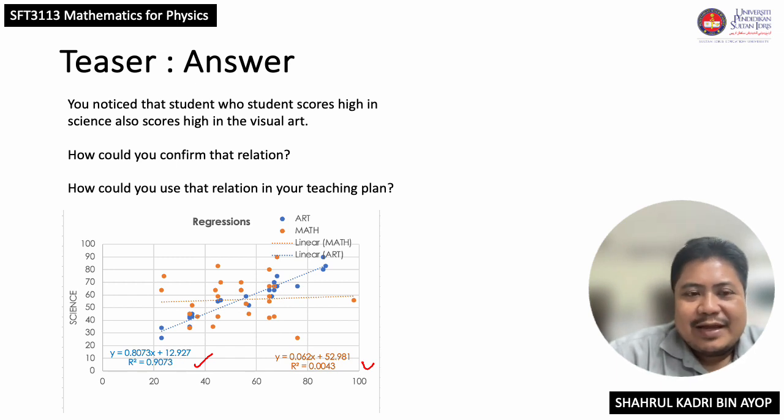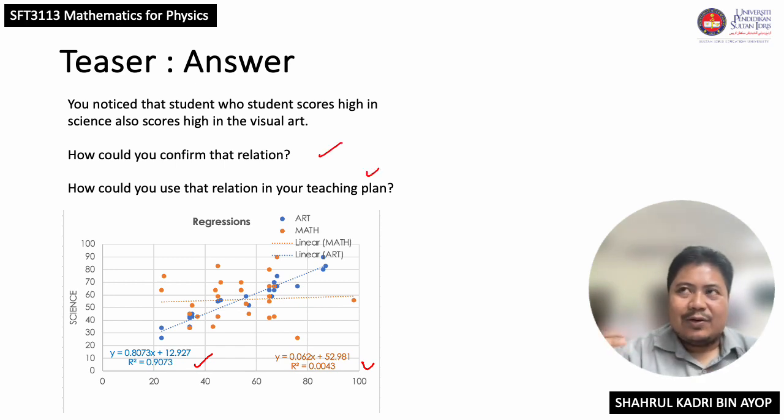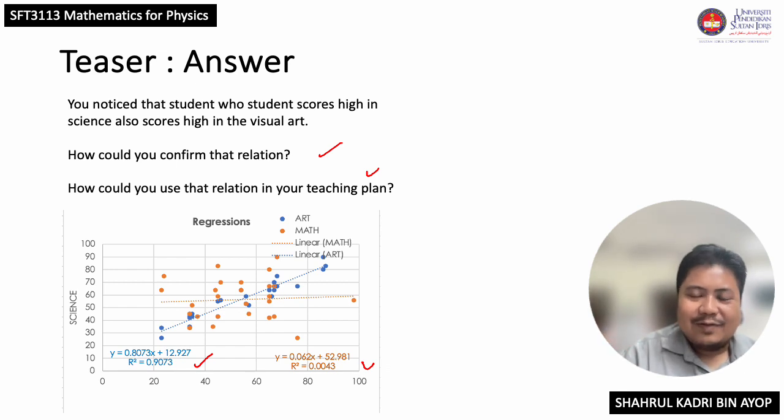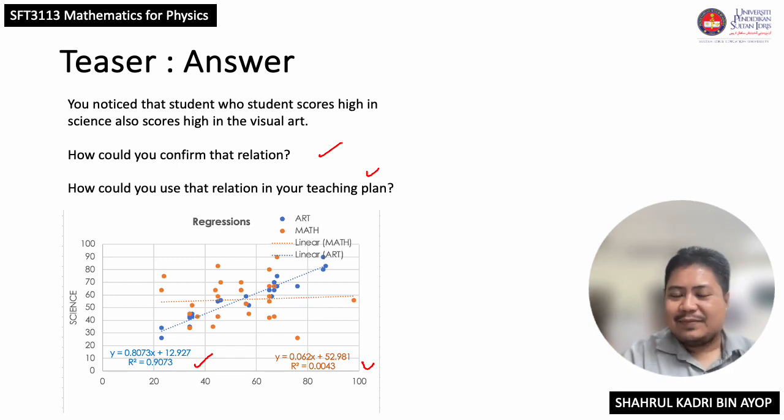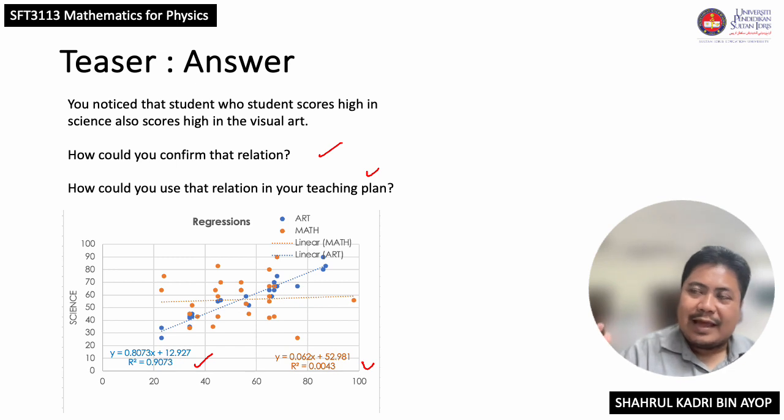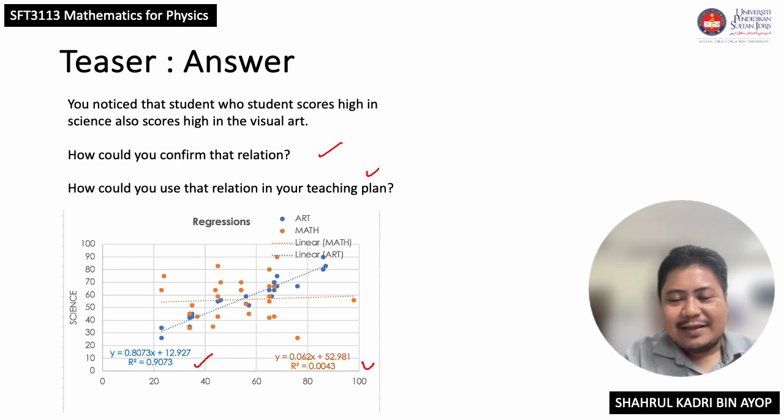So when you look into your school environment which has this kind of relationship, it means that maybe in your school, if the students are good in art, they will have a good score in science too, and it is not related to how good they are in math.